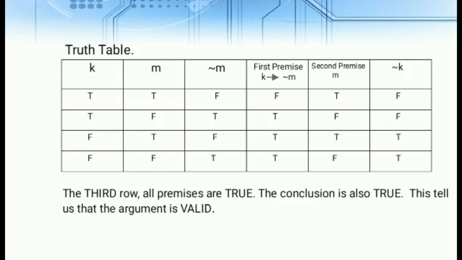Okay, true. So our first premise is true. In the third row we have false, false, so the first premise is true. In the fourth row we have false and true, so the first premise is true.